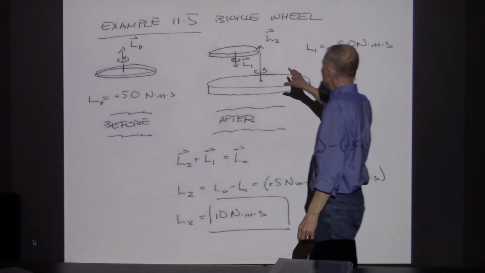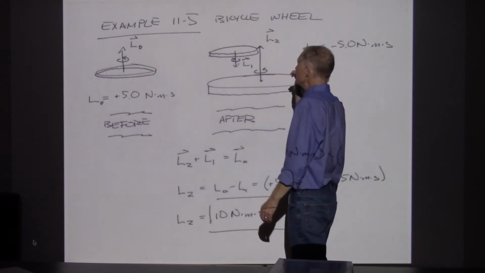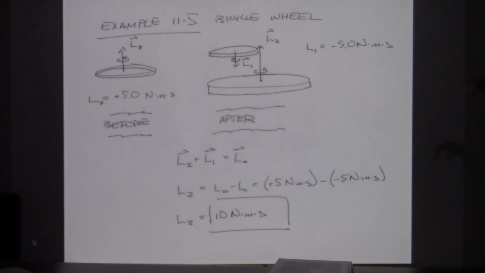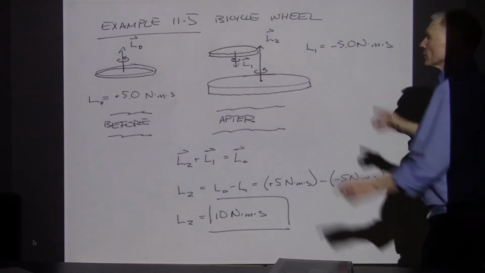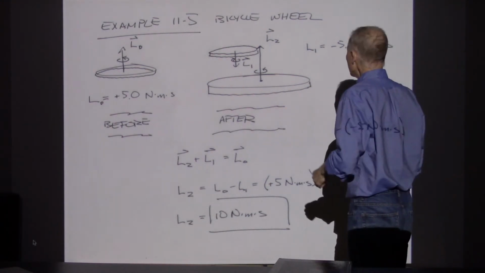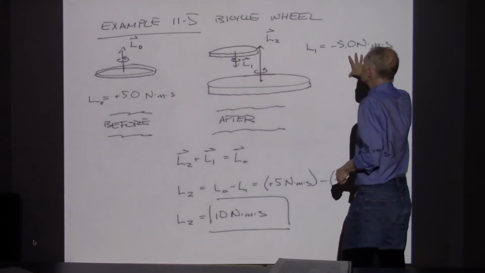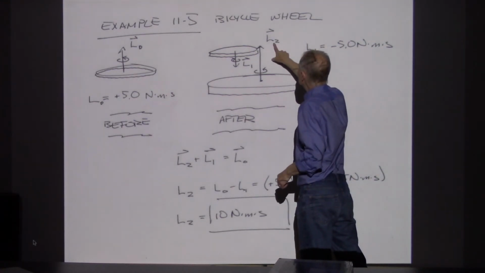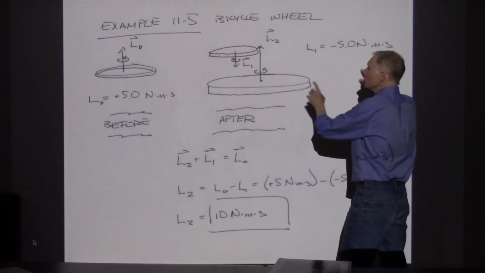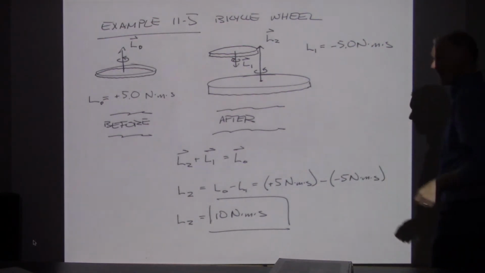So that says that the platform will then begin to rotate, in the direction that the bicycle wheel was rotating before. We started off with 5 units. We need 5 units here. But wait a minute, this is -5. What value of L2 could I add to -5 to give us 5? That number would be 10.